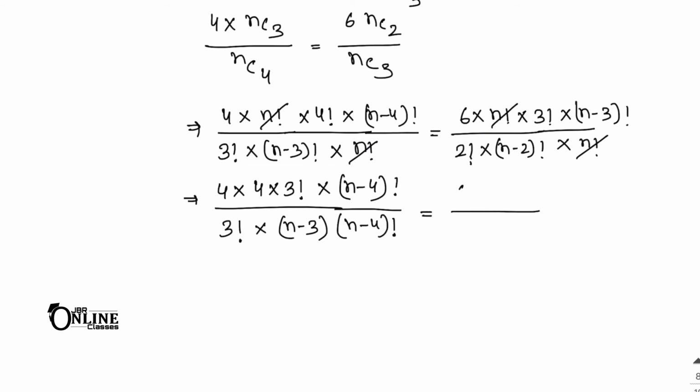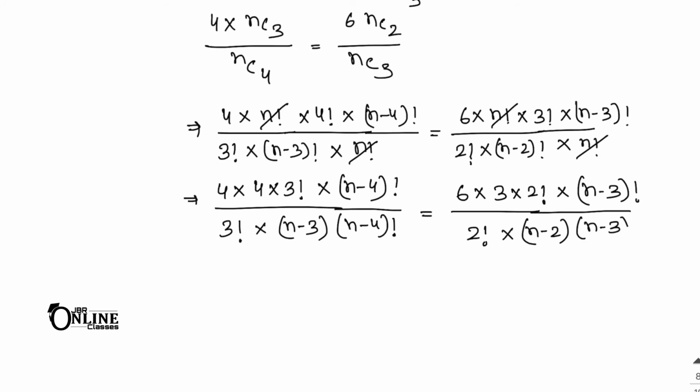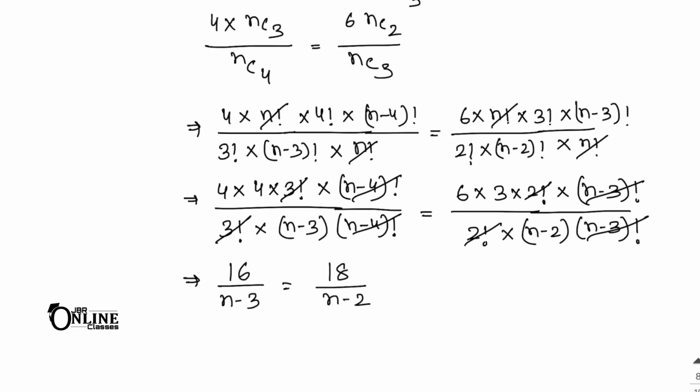Here 6 into 3 factorial means 3 into 2 factorial, and then n minus 3 factorial. So 2 factorial and n minus 2 factorial means n minus 2 then n minus 3 factorial. So this 2 cancels out, this one cancels out, 3 factorial cancels out, 2 factorial cancels out. So now you have 16 by n minus 3 and here you have 18 by n minus 2.